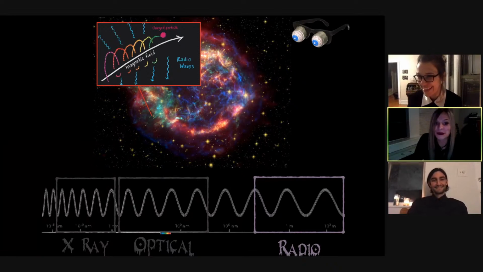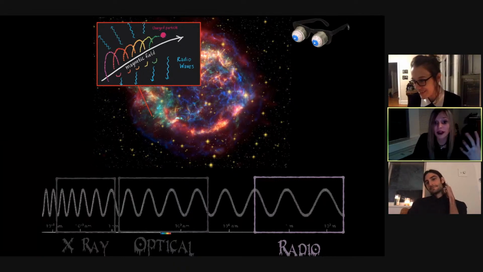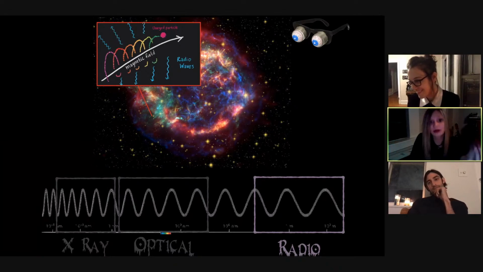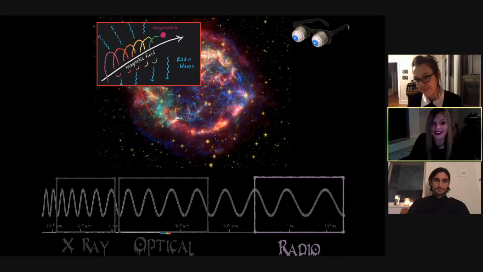This is produced when a particle, either a proton or an electron, is accelerated through a magnetic field in that kind of spirally pattern that you're looking at. The longer the electron travels around that magnetic field, the narrower the spiral it makes, the longer the wavelength of the critical frequency is, and the more it kind of decays.